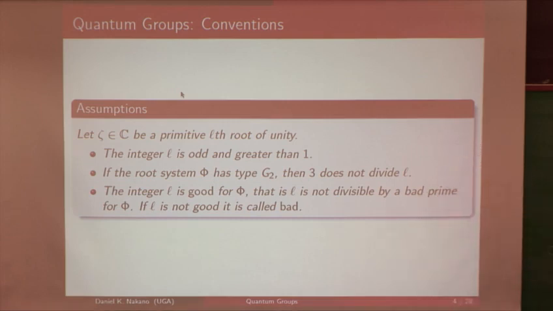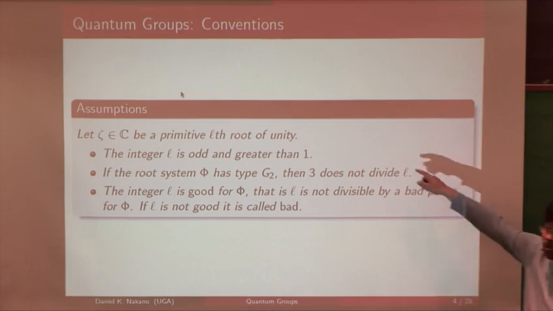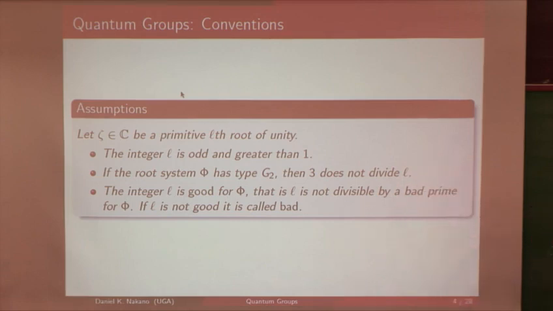I'm going to make the following assumptions on zeta. I assume the root of unity is odd, so no even roots of unity, and l is bigger than 1. In the case where the root system is G2, I have to assume that 3 does not divide l. This is a technical assumption.